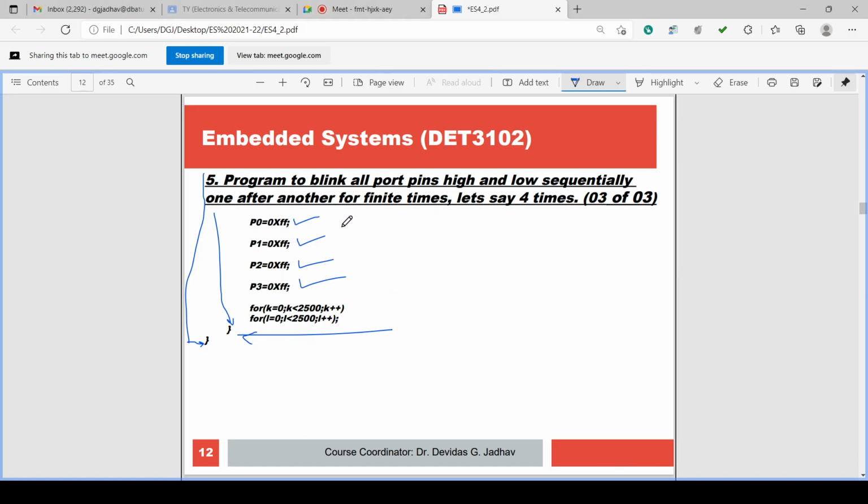All 4 ports, all pins: P0 8 pins, P1 8 pins, P2 8 pins, P3 8 pins, 32 pins, all 4 ports, 32 pins are outputted now logic 1. Logic 1 means 5 volt on each pin. If LEDs are connected, LEDs will turn on for all the 32 pins.